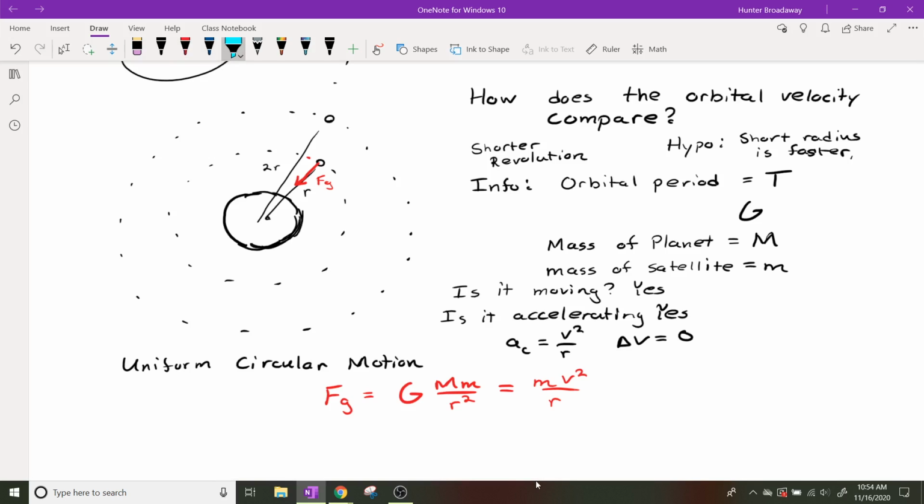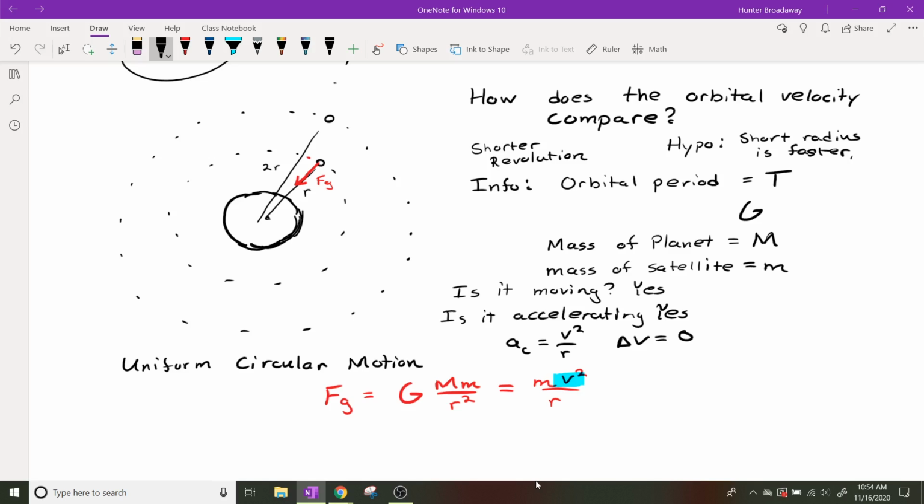What we're looking at is how do these velocities compare to each other? If one of them is r away and the other one is 2r away, what would happen to its velocity? So I think it would probably be prudent to try to solve this expression for the velocity, right?